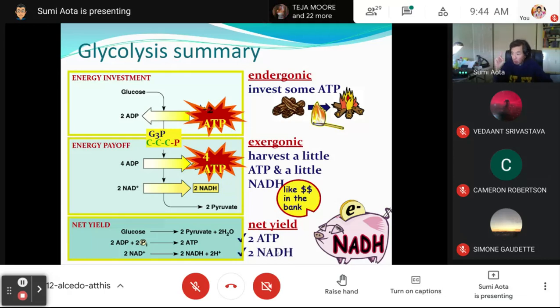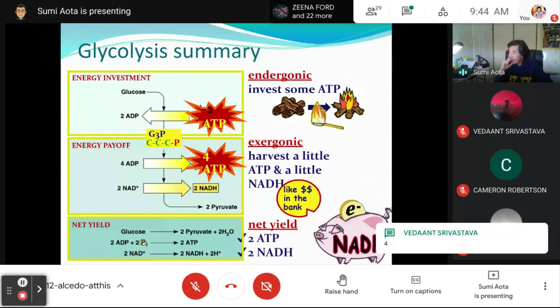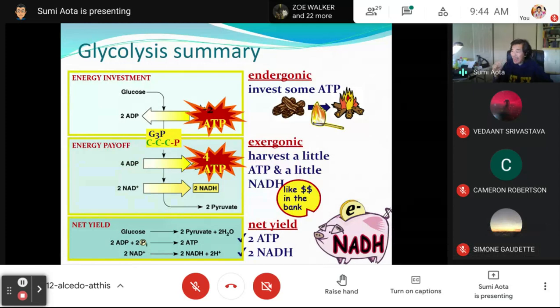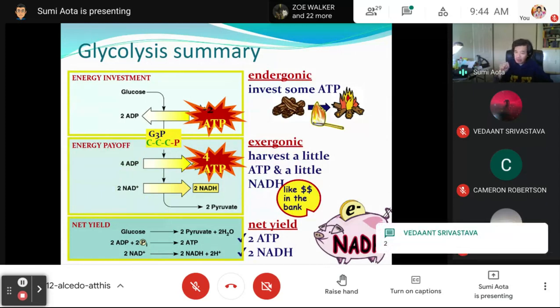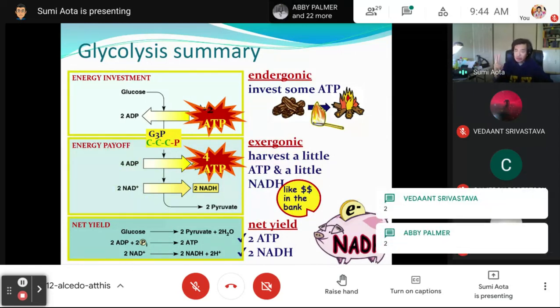Here's where wording is important. If I ask you, what's the total amount of ATP produced in glycolysis? What's your answer? Yeah, 4. But if I ask you for the net production of ATP in glycolysis, your answer has to be 2.